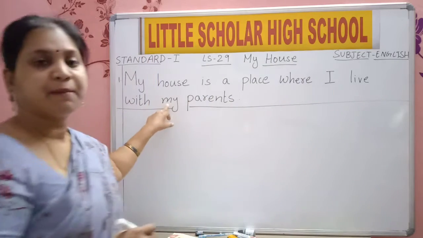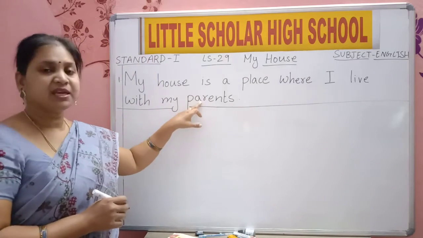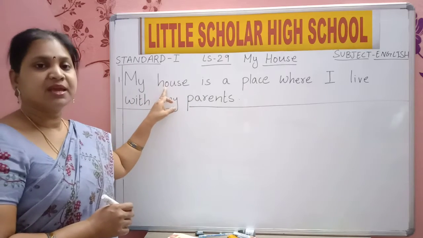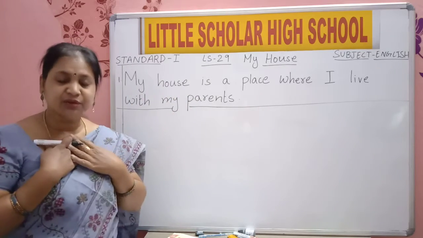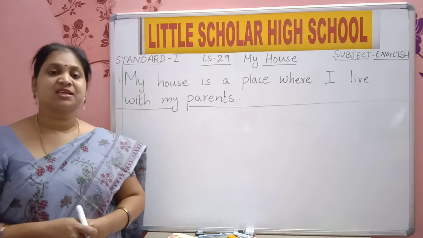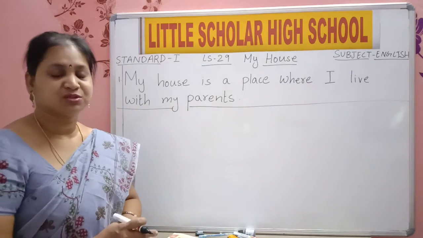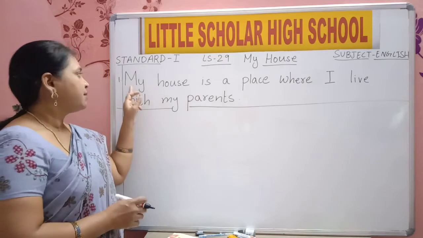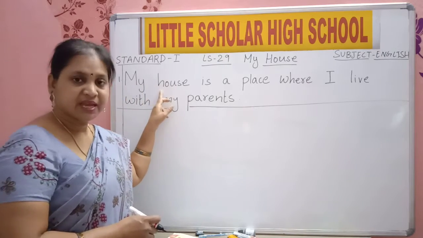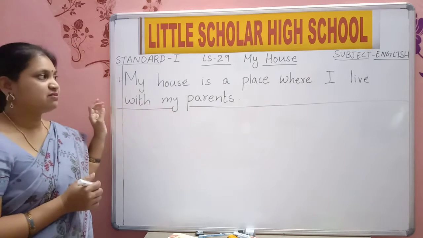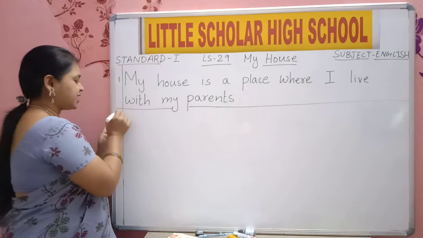M-Y, my. P-A-R-E-N-T-S, parents. My house is a place where I live with my parents. Yes, you will live along with your parents in your house. My house is a place where I live with my parents. Yes, finish writing the first point in the first line.